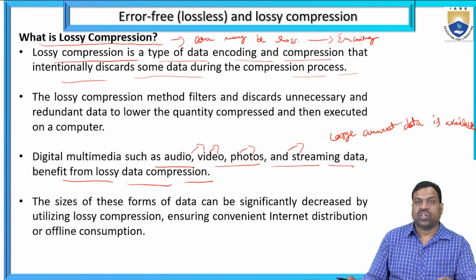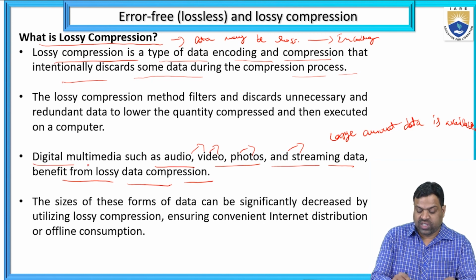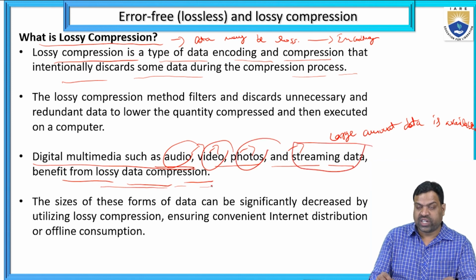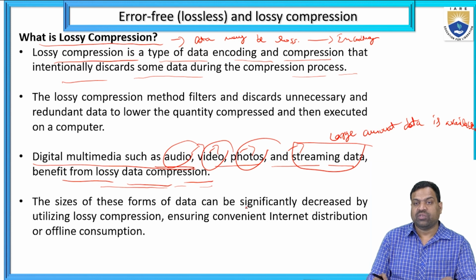And what is lossy compression? Lossy compression is a type of data encoding and compression that intentionally discards some data during the compression process. In digital multimedia, audio, video, photos and streaming data are examples of lossy data compression. The sizes of these forms of data can be significantly decreased by utilizing lossy compression, ensuring convenient internet distribution or offline consumption.